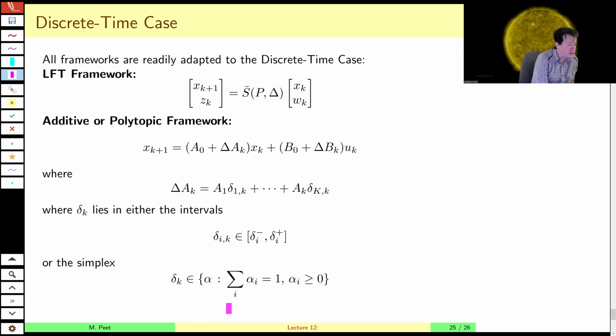Right, so finally, I'll conclude by mentioning that all of these results actually apply directly to the discrete time case.